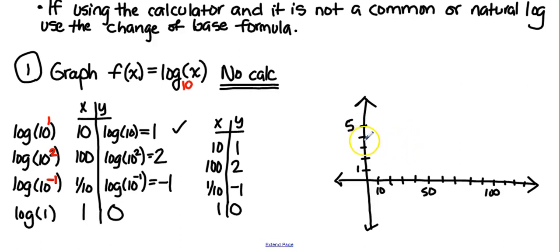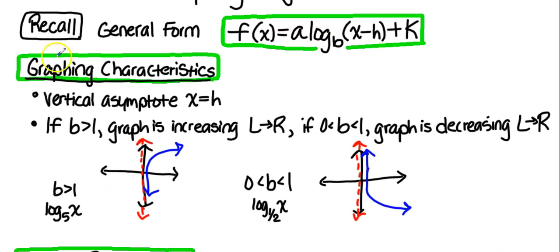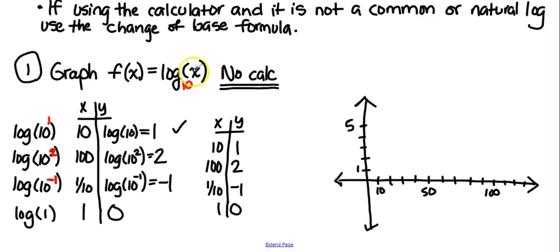Our asymptote is going to be where? Well, recall, the vertical asymptote is at h, so it's going to be inside the argument. When I look inside the argument, I just have x, or you could see that as x plus 0, or x minus 0, we want to stay consistent.